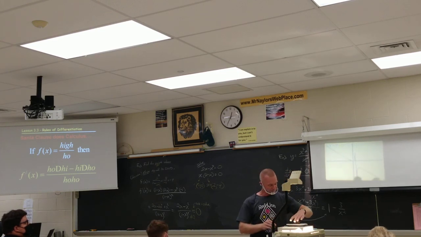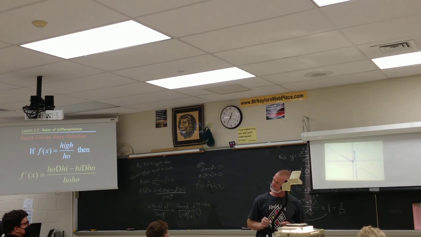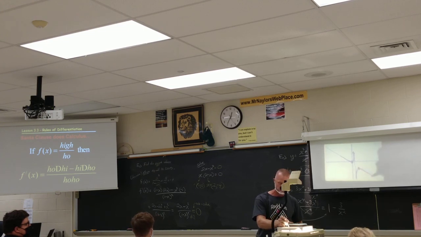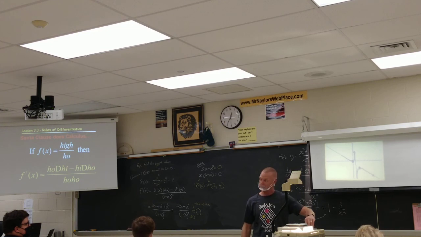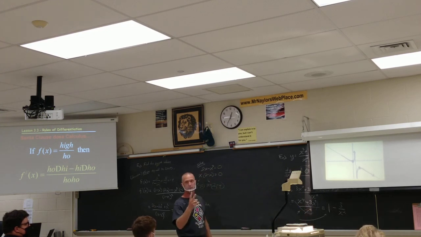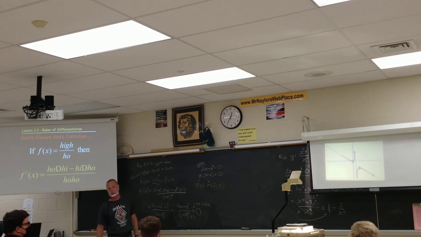But when you graph it, it turns out that (0, 0) is a minimum because the graph is coming down and then shooting back up. And (2, -4) is a maximum because the graph is going up and then shooting back down. So those 2 points are all brought to you by the quotient rule.